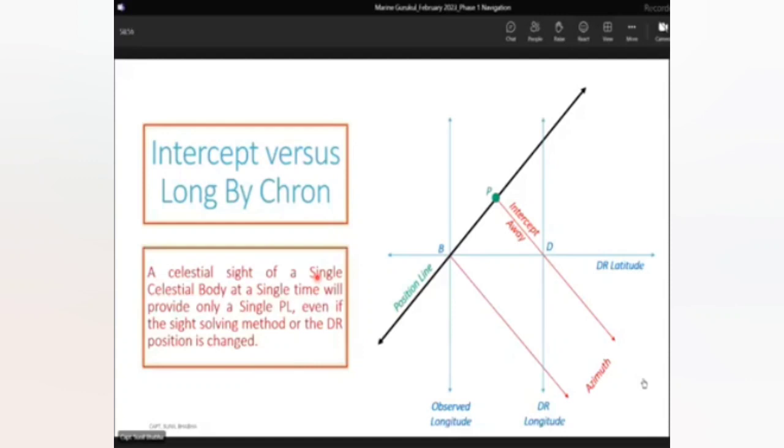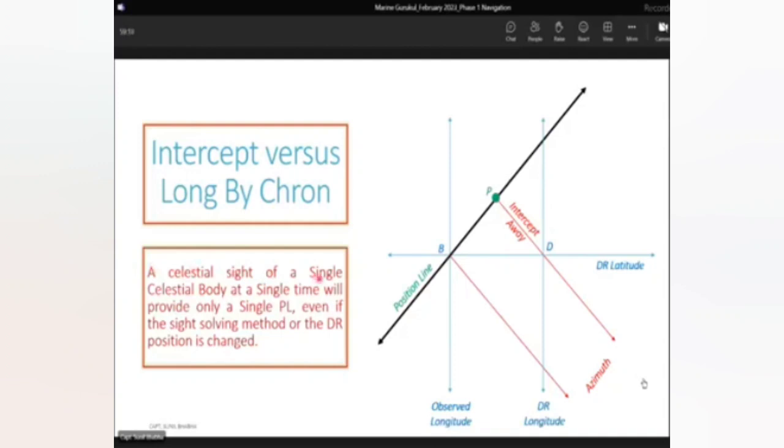It should be clear in your mind that whichever method you use, whether long by chron or intercept, in both the cases the position line you are going to obtain will be the same. There will be no difference between the position lines. It will be the same.